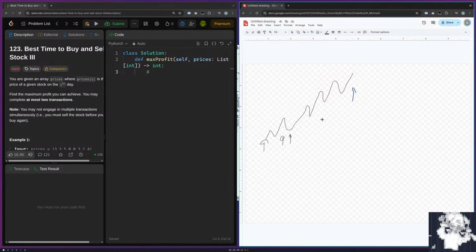One thing I'm thinking is, find the best buy and the best sell, and then find where you should split it. Where you should split it is the place where it goes down the most within your best going up. Is it always the case that you can think of it as splitting up a going up?